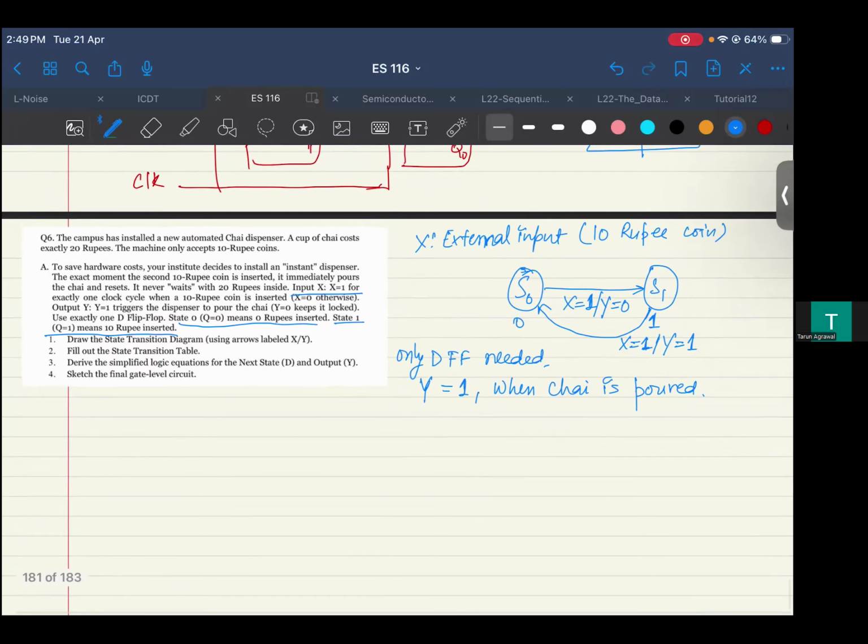The other two cases are when X is 0: Y is 0, nothing is happening. Similarly, when X is 0 in the other state, Y is 0, nothing is happening. So that is the state diagram which we have drawn.